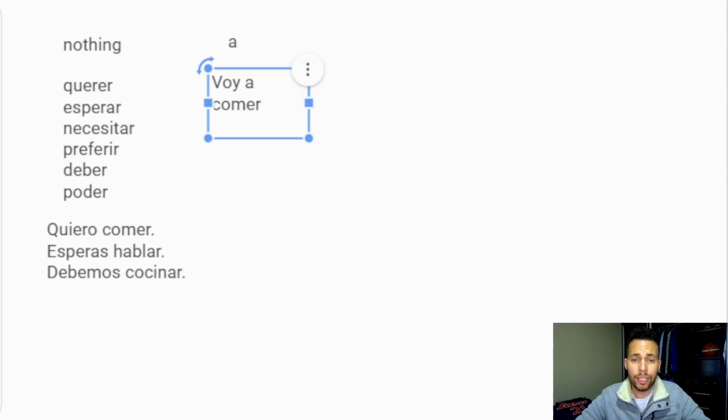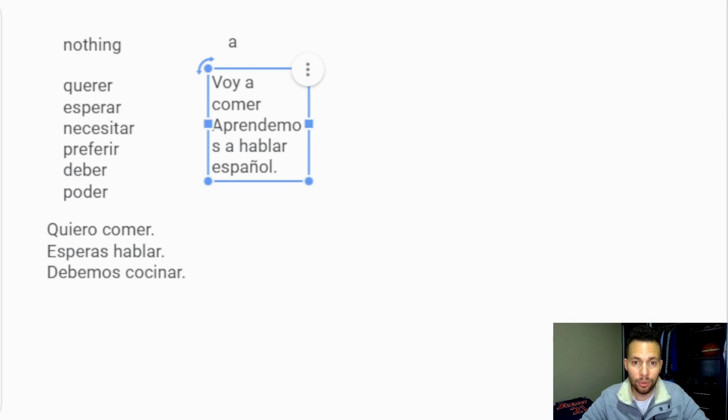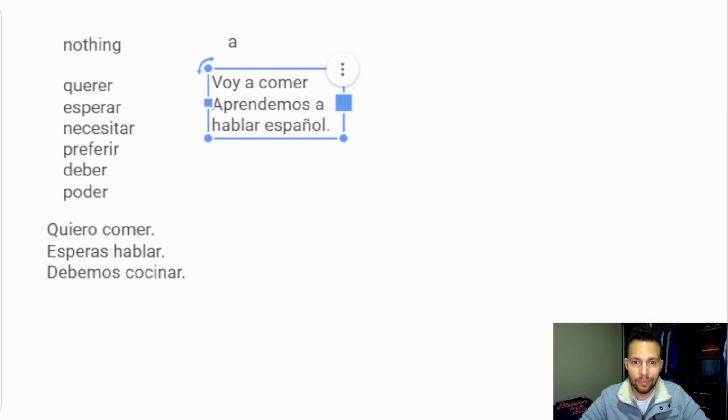And another example could be aprendemos a hablar. Aprendemos a hablar español. We learn to speak Spanish.